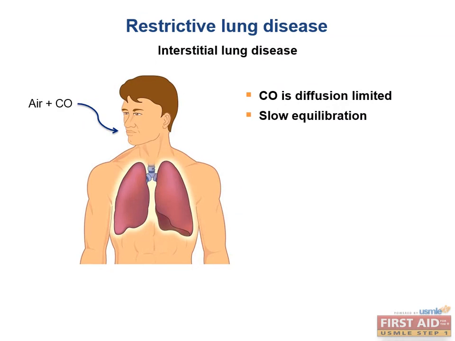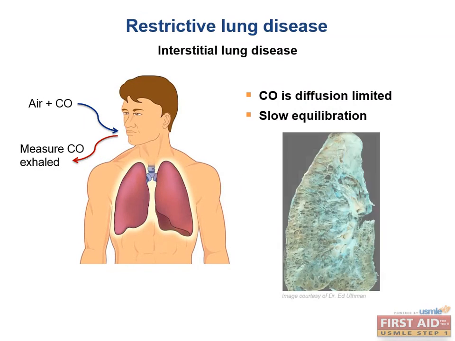Then we measure how much carbon monoxide is taken up by measuring the exhaled breath. The result is expressed as a percent predicted DLCO, which stands for the diffusing capacity of the lung for carbon monoxide. A low percent predicted value would indicate a diffusion problem that would affect oxygen uptake.